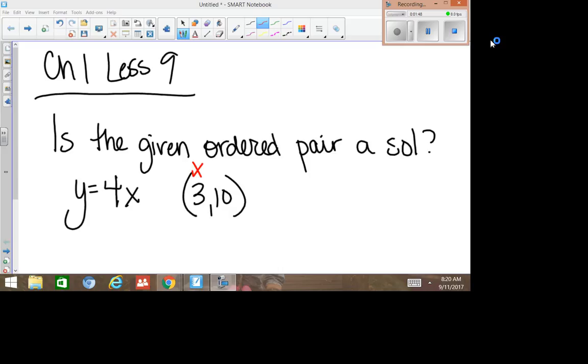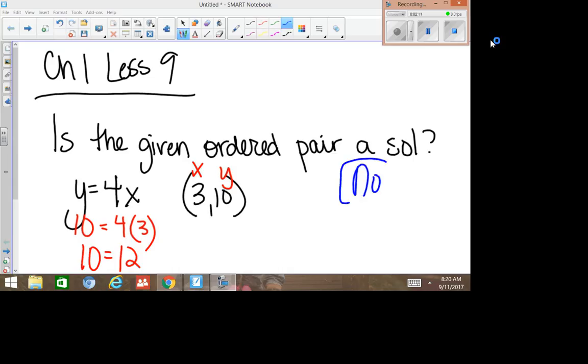So this is X and this is Y, okay? And so we plug those into the equation. So X goes right here. So it's 4 times 3, 12. And then it's supposed to equal 10. So is it a solution? Yes or no? Do those equal? No, so it is not a solution.